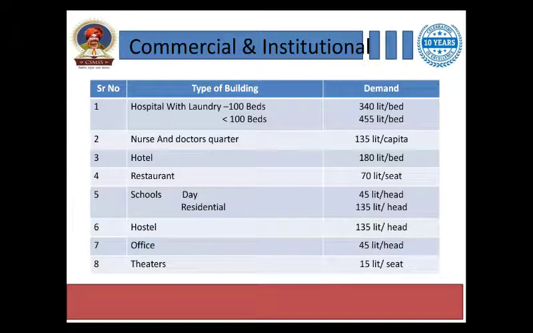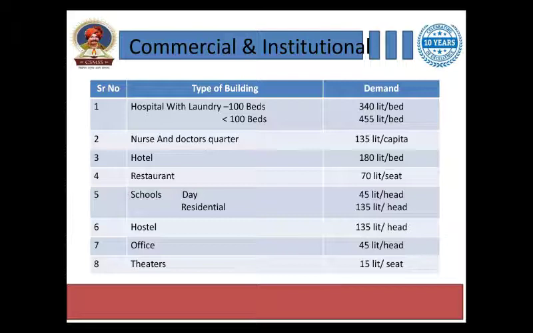So, and now commercial. All of you have seen the hospitals. If the hospital has a capacity of up to 100 beds, then it will need 340 liters per bed, right? Here we will measure the unit or quantity of water required on a per bed basis, right?